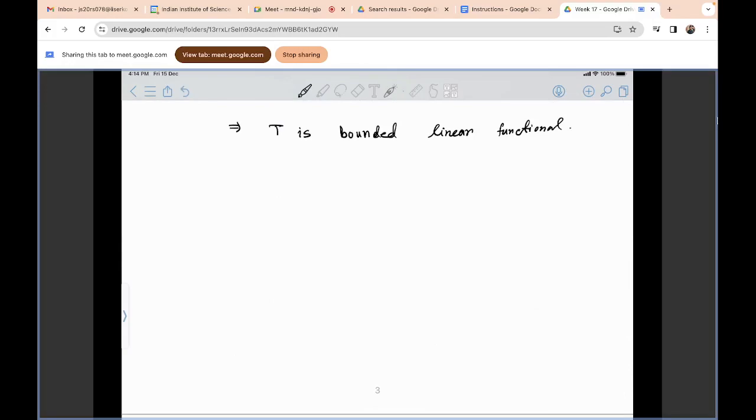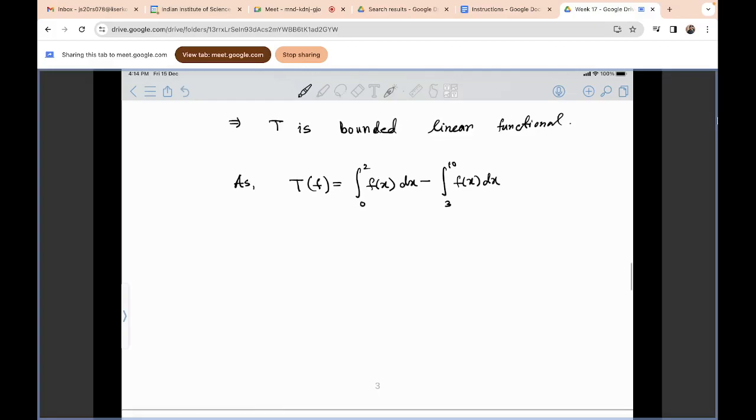T of f is given by the integral from 0 to 2 of f(x) dx minus the integral from 3 to 10 of f(x) dx. So how are we writing this?